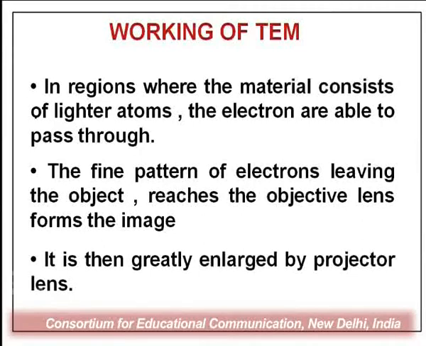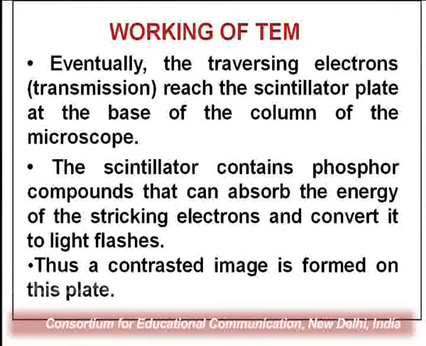From the sample, the electron beam passes through the sample and falls upon an objective lens to form the image, and it is then greatly enlarged by the projector lenses, and on the fluorescent screen we can get the image.